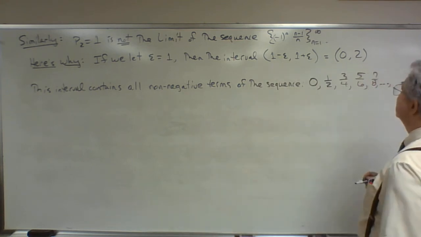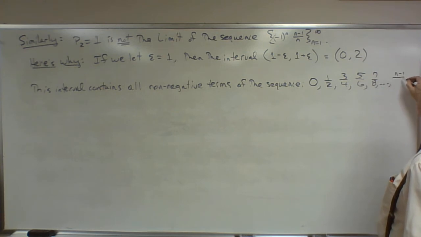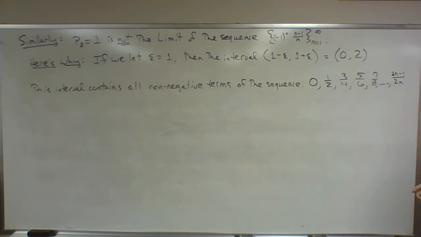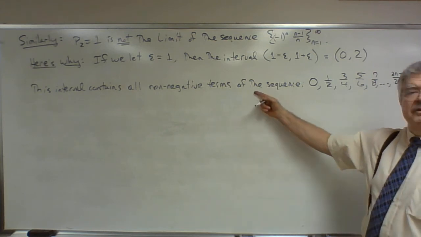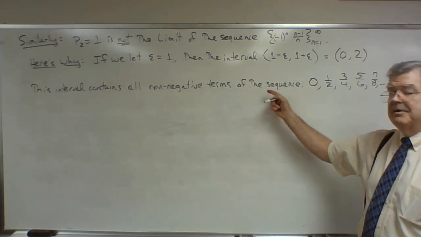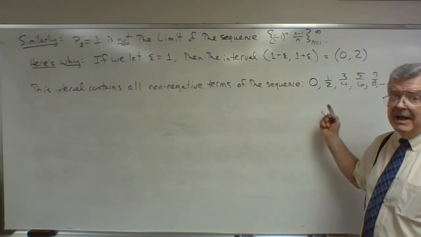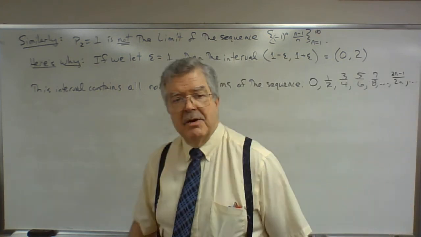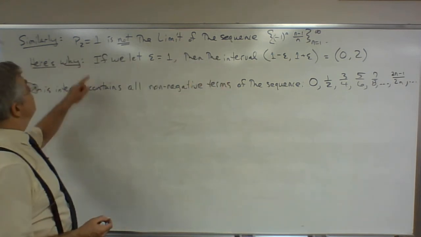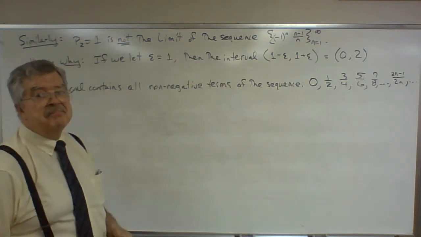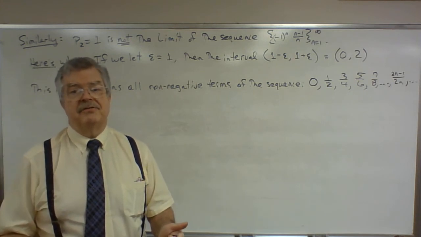And in general, it's going to be 2n minus 1 over 2n, I guess. So this interval does contain all non-negative terms of the sequence, infinitely many terms, which is no surprise because P2 equal 1 is a limit point of the sequence.